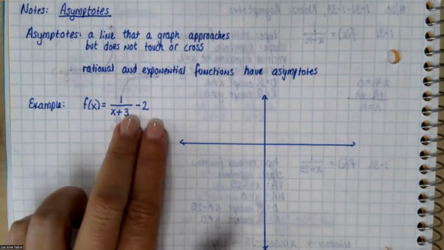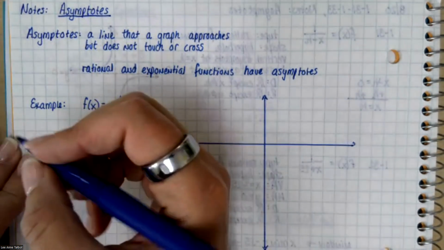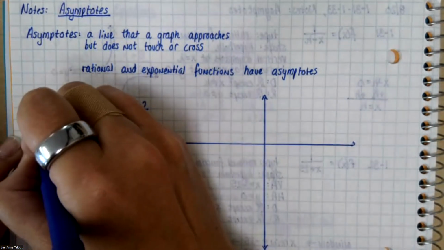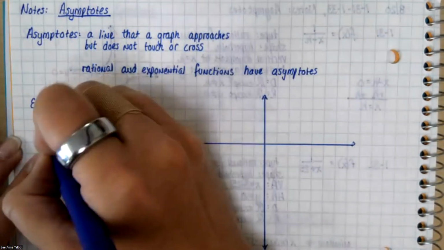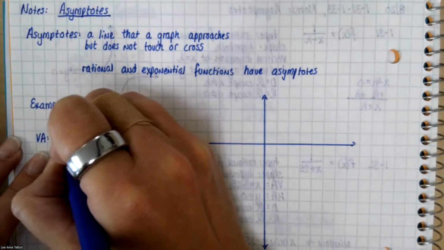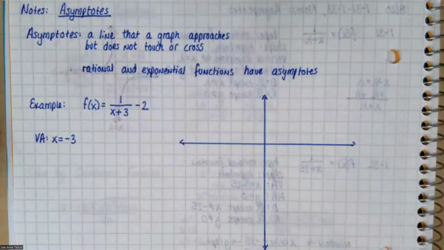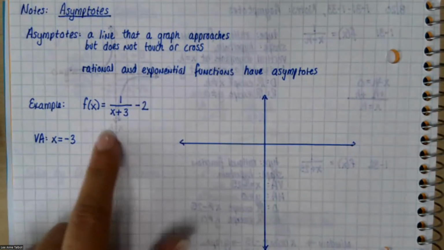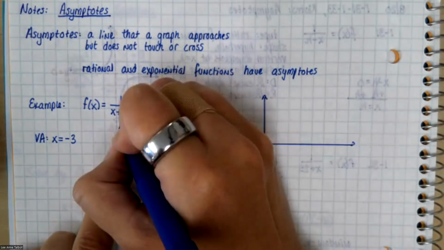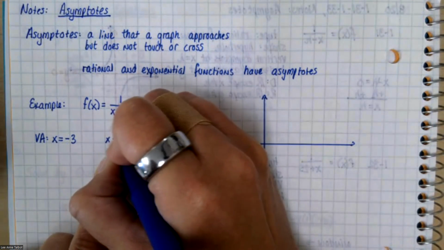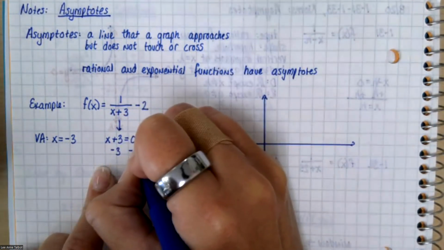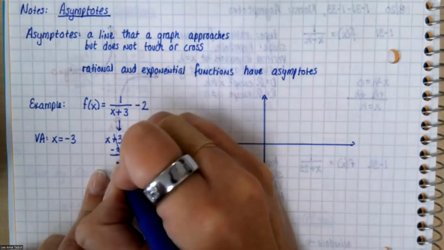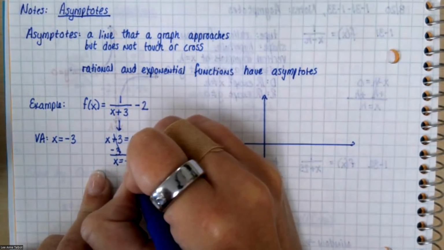Okay, now here's our problem. We know some stuff from this. We know there is a vertical asymptote at x equals -3. Okay, if the -3 doesn't immediately jump to you, go x plus 3 equals 0, x equals -3.